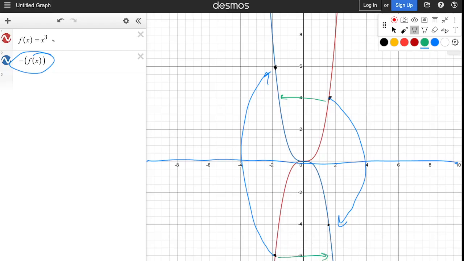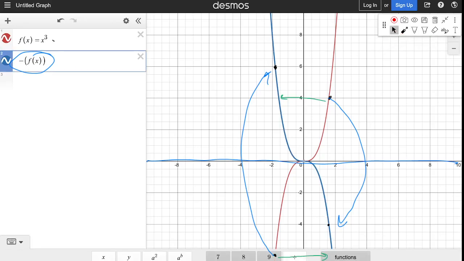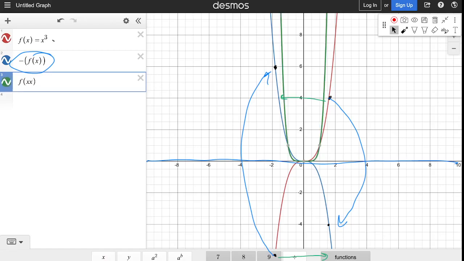And so let me go ahead and graph that one as f of, oops, it's not x. Actually, f of minus x. So we're going to do a reflection from the inside.